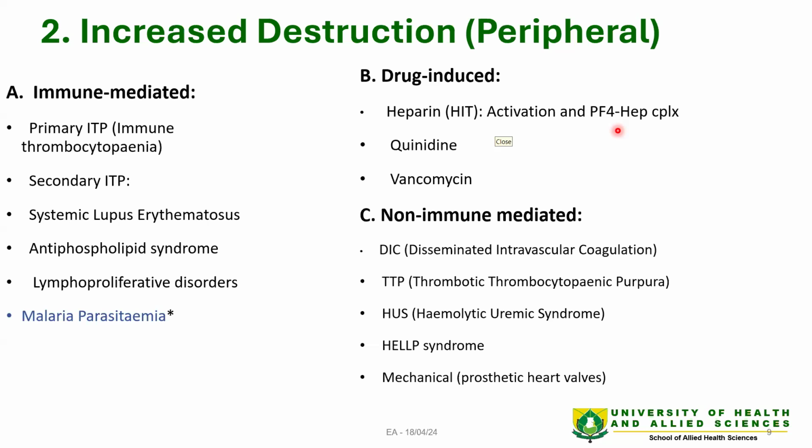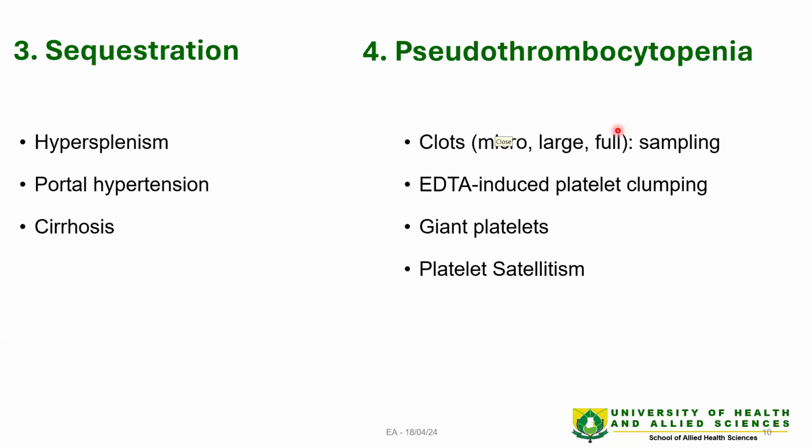Now, these prosthetic heart valves also have been established to cause mechanical destruction of platelets. And so that also adds on to the increased destruction of platelets. Then we have sequestration as the third cause of destruction of platelets.